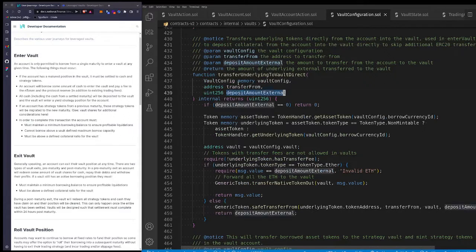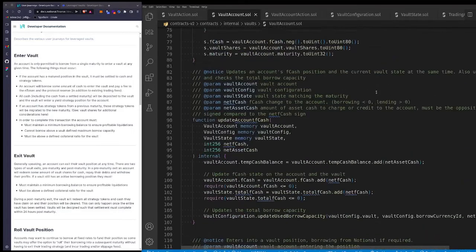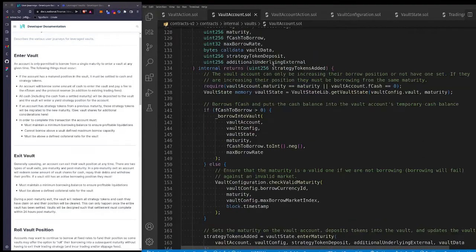So Notional will essentially do a transfer from the underlying token directly from the account to the vault. Notional is going to record that this transfer has occurred, and then pass that along as we go further here. The next method that we enter is called borrow and enter vault.